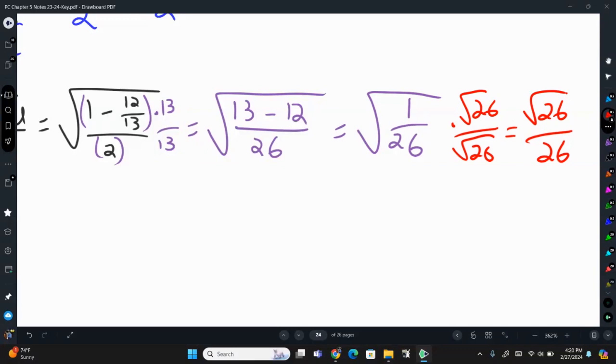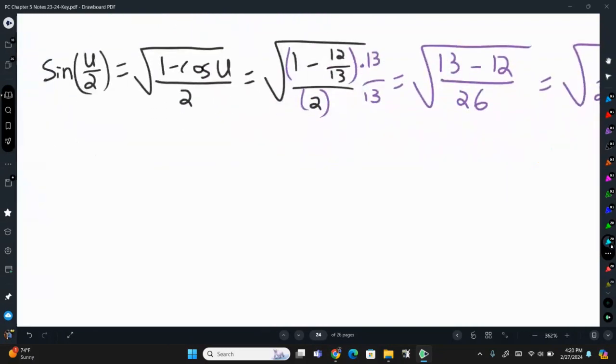So at some point in this lesson, we're not going to write how we're rationalizing the denominator. You just need to know, oh, we need to rationalize it, multiply the top and bottom by the square root of 26, and this is what we get. So the sine of u over 2 is positive square root of 26 over 26.